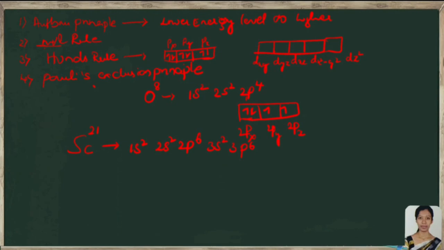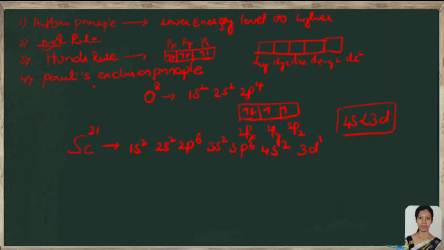After this 3p, electron will not go to 3d orbital, which is having higher energy when compared to 4s orbital, which was given by this n plus L rule. That's why electron will move to 4s orbital with 2 electrons. Then the remaining 1 electron will be filled in the 3d orbital. In this way, we need to fill.